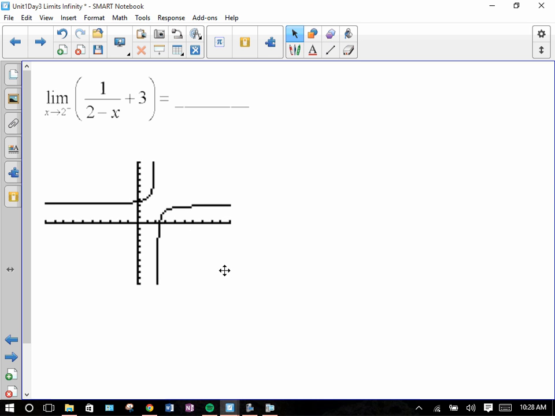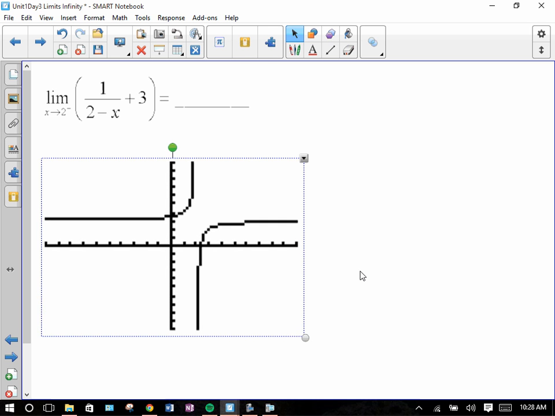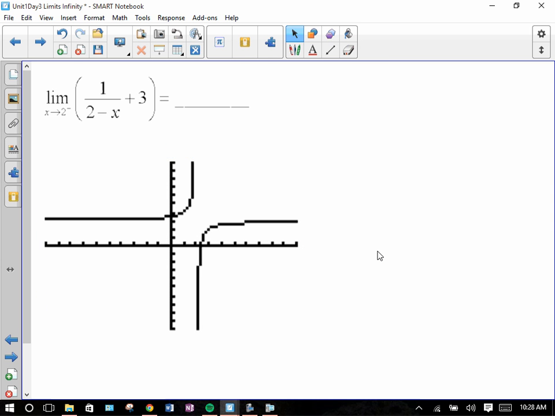So there's our graph. All right. So looking at this graph, we're able to see it says as x approaches 2 to the left, and we'll get a graph that looks like this one up here.